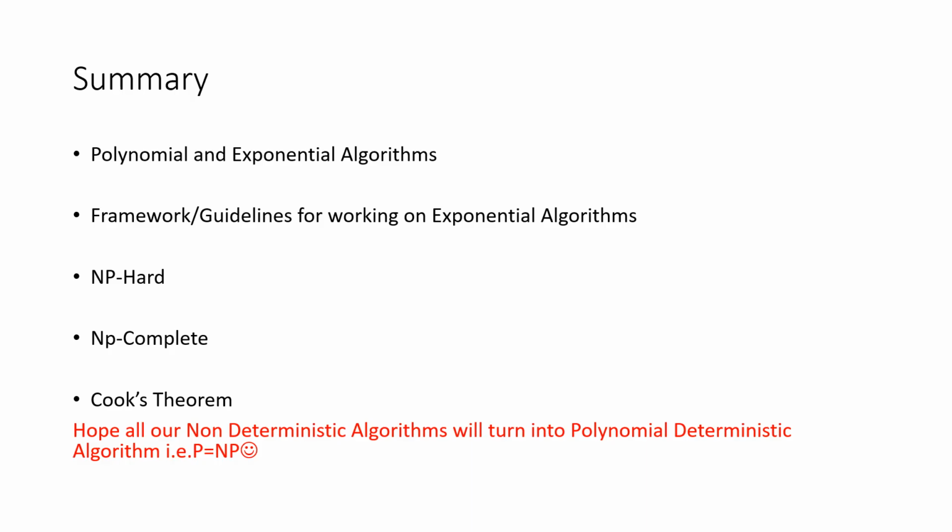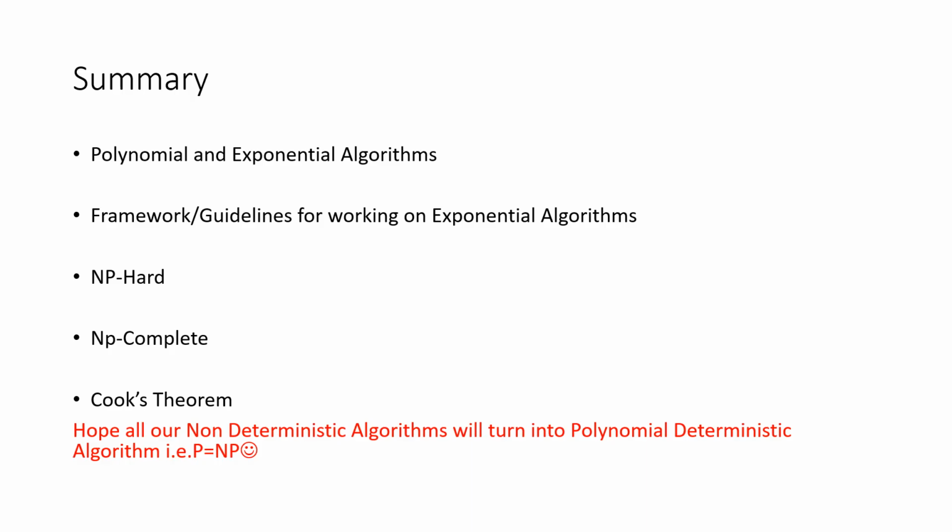This is one way. Another way is finding a base problem which is similar to all your other exponential problems, stating it as NP hard, and then writing a non-deterministic algorithm for that NP hard problem. After writing the non-deterministic algorithm, it becomes NP complete, and you leave it to the researchers to explore and discover the method procedures which run in polynomial time, ending up in a polynomial time algorithm.